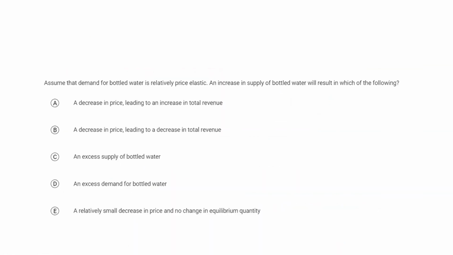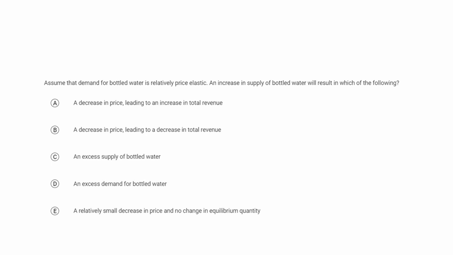All right, assume the demand for bottled water is relatively price elastic. An increase in the supply of bottled water will result in which of the following? A minute to think that out. What do we got?